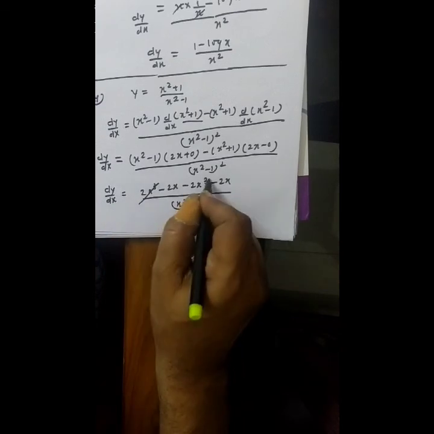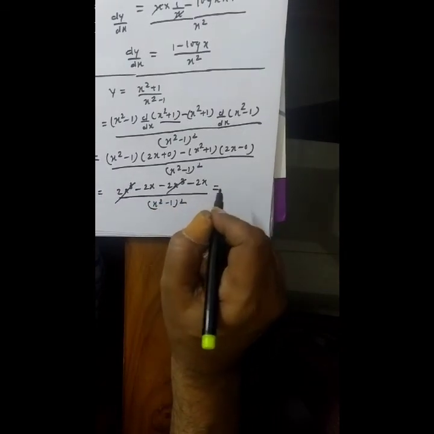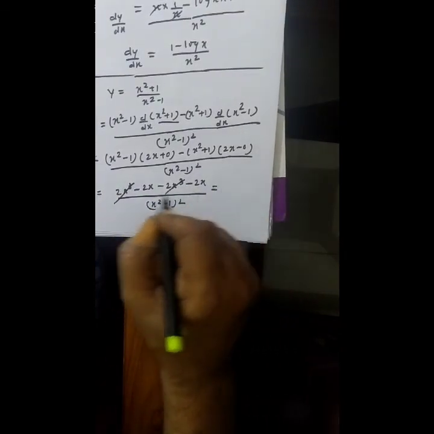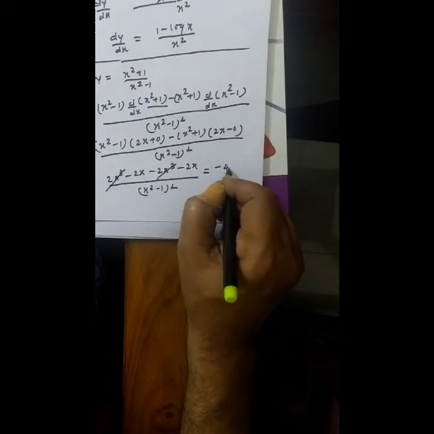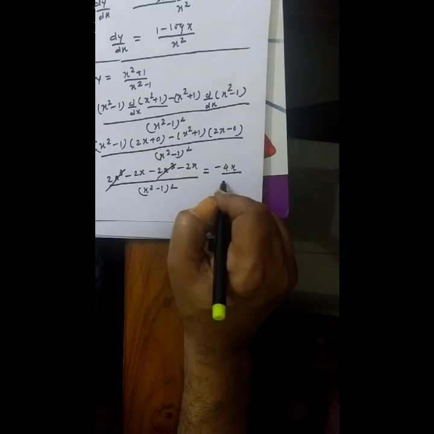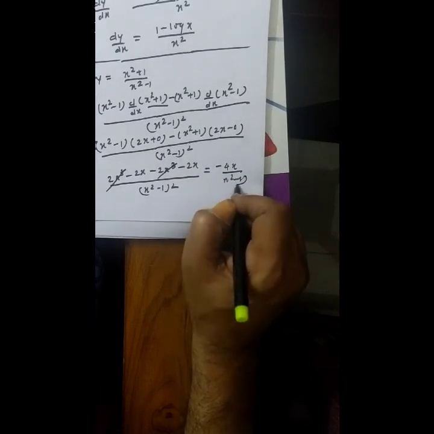This plus 2x cube minus 2x cube will get cancelled. So it is minus 2x minus 2x is minus 4x, divided by x square minus 1 whole square.